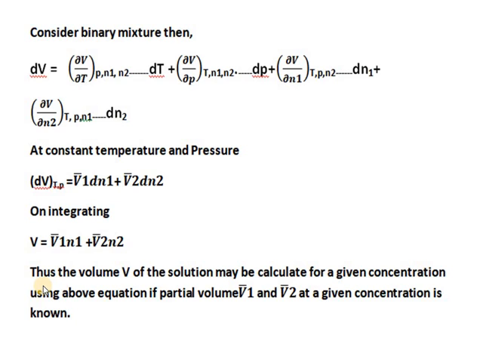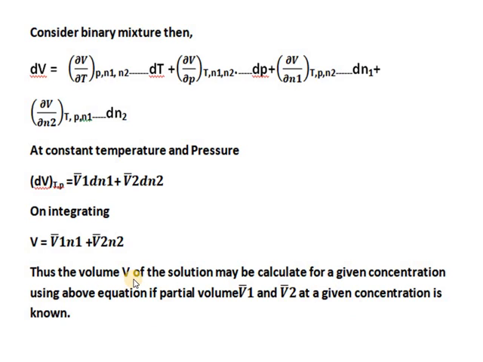Thus, the volume V of the solution may be calculated for a given concentration using the above equation if the partial molar volumes V1 bar and V2 bar at the given concentrations are known.